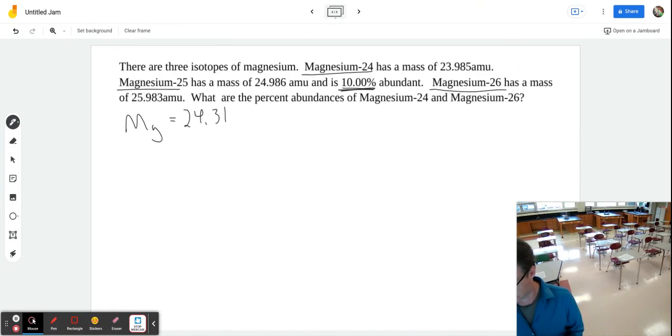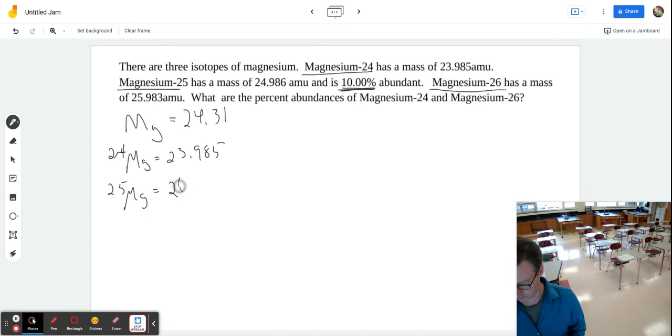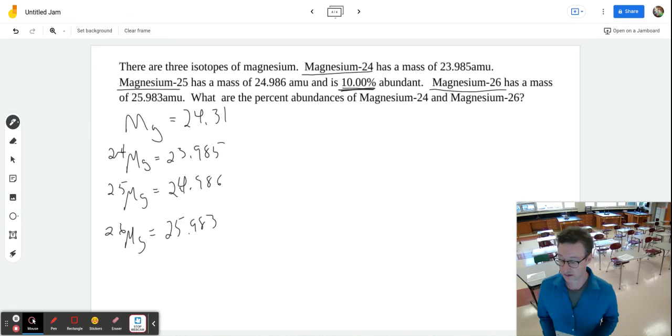We've got magnesium 24, which has an actual mass of 23.985. We've got number 25, which has a mass of 24.986. And 26 has a mass of 25.983.